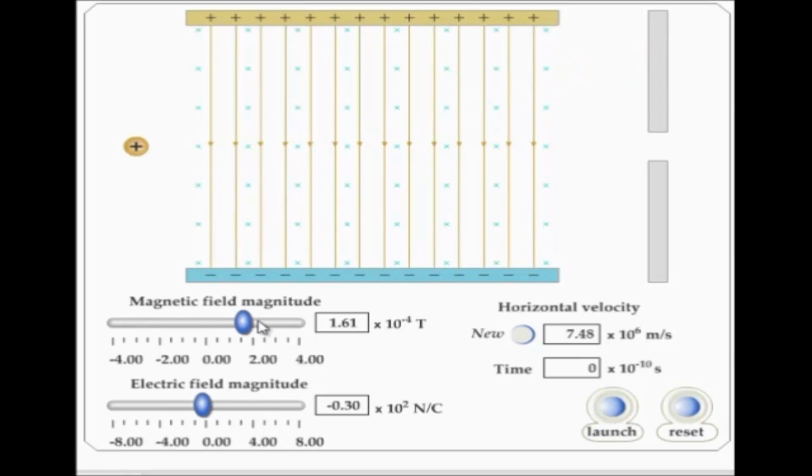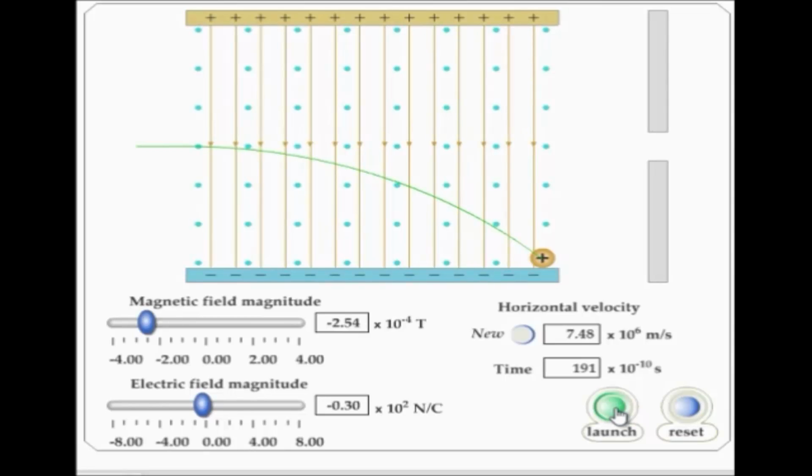Okay, so let's do the same. Change the magnitude. It means we change the direction of the magnetic field. It's now directed toward us, and launch our particles. So it again moves along a curved trajectory defined by its charge, mass, and radius of trajectory.